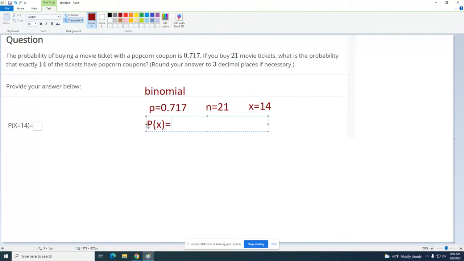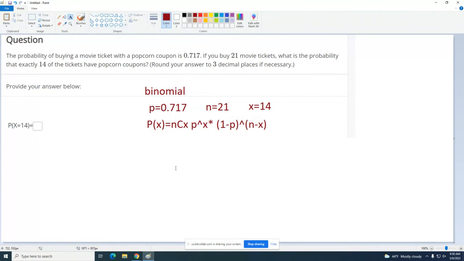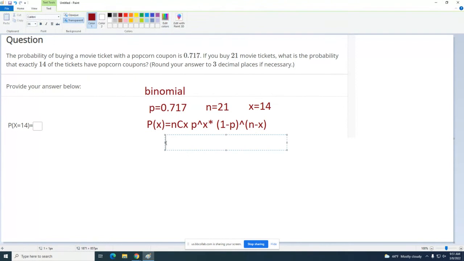Probability of having x successes out of n trials is nCx times P to the power x. If we have to use the 1 minus, it's going to be 1 minus P. I was using q, which is a lot shorter than this. So 1 minus P to the power of n minus x. That's the formula.